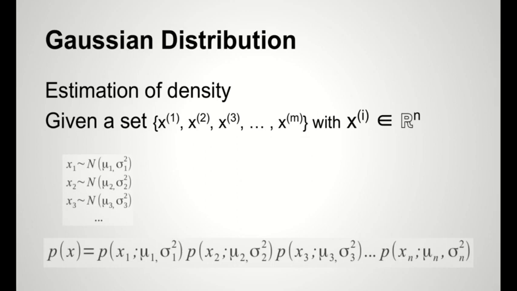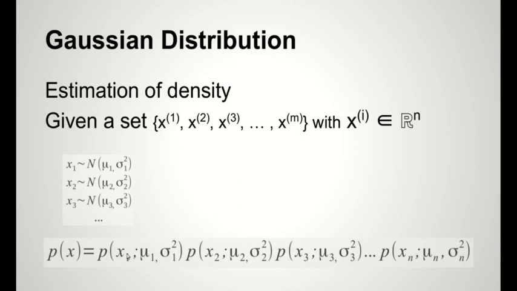This will be the product of these different probabilities, and you will be able to tell the probability of this given x occurring. So let me give you a more visual explanation.